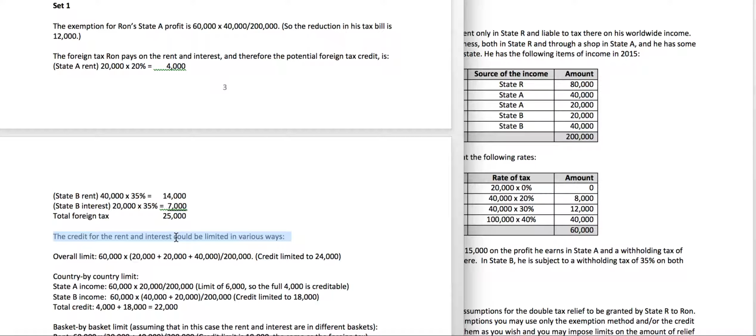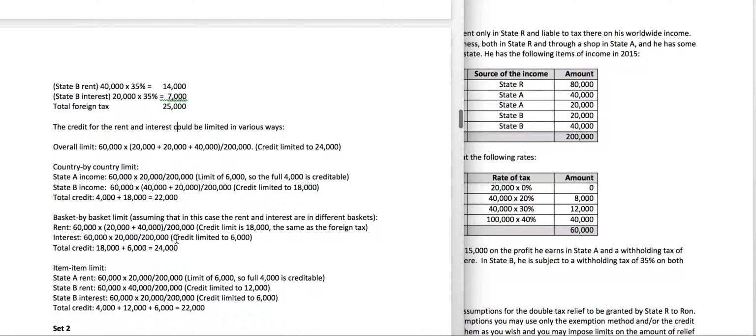The credit for rent and interest could be limited in various ways, and those were the ways we had talked about. You have the overall limitation, 60,000. This is the overall limit, which would be limited to 24,000. You have your 20,000 plus 20,000 plus 40,000 over 200,000. Then country by country, state A income, and you have the equation over here.